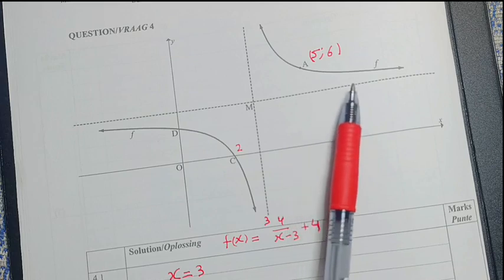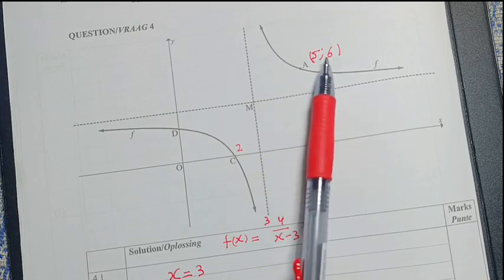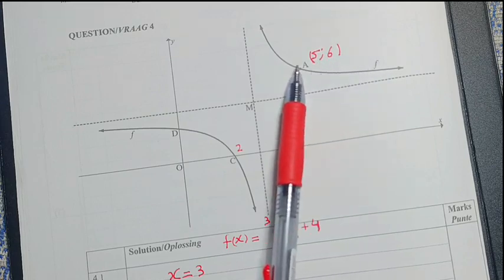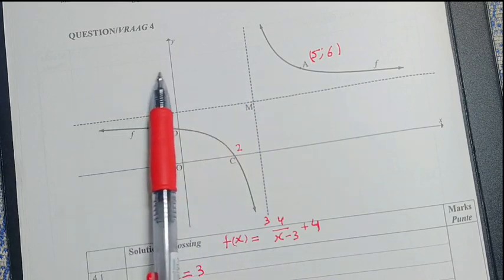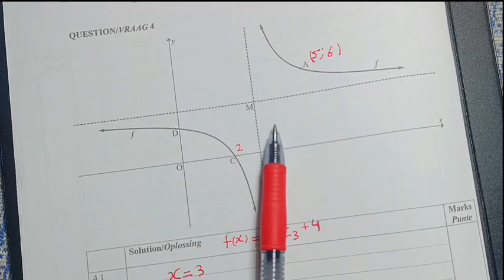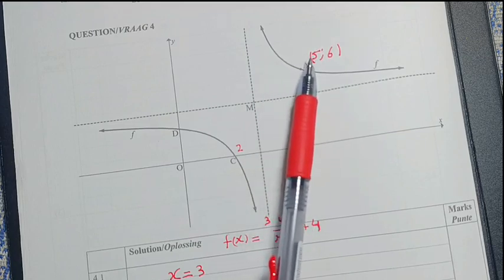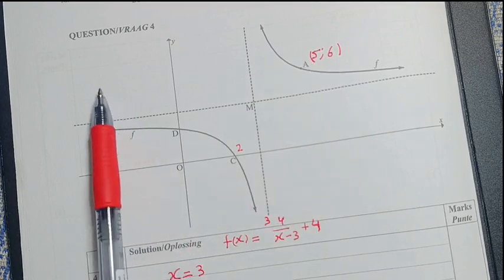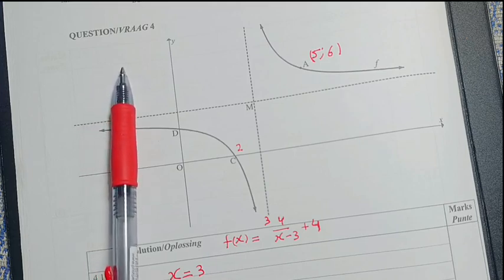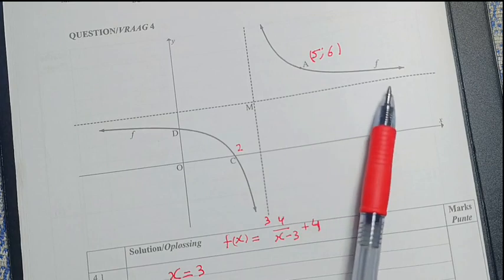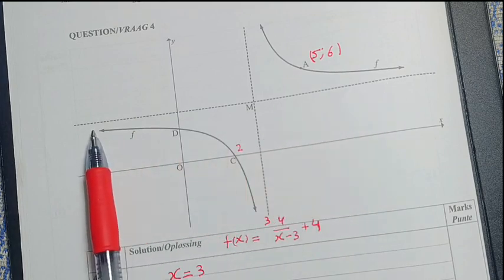So y equals 6 is a horizontal straight line, parallel to the x-axis. The y is not changing, but the x value is changing. So A's x is 5 but A prime's x is negative 5, and the y value is still 6. Same as this horizontal asymptote, y equals 4.